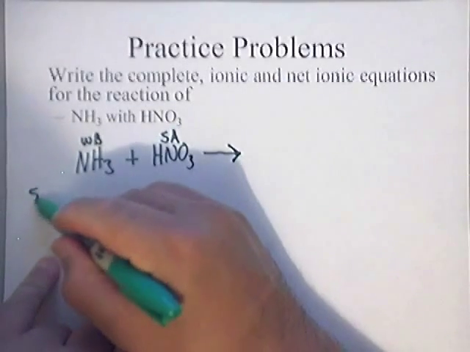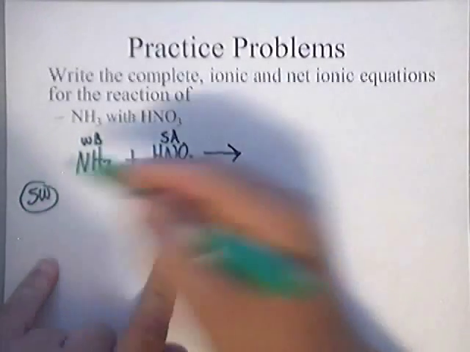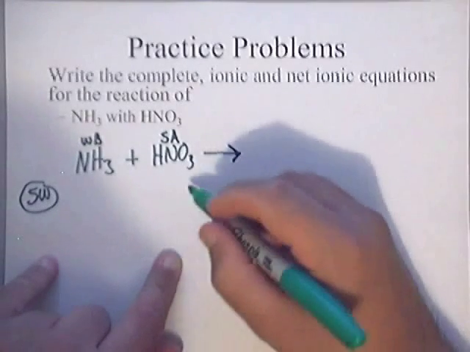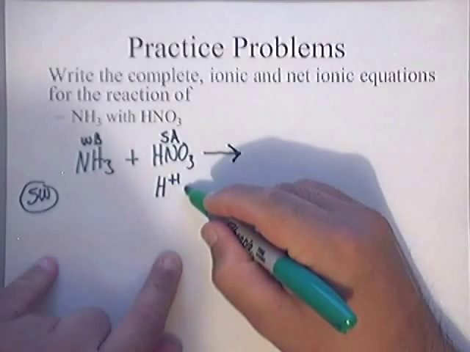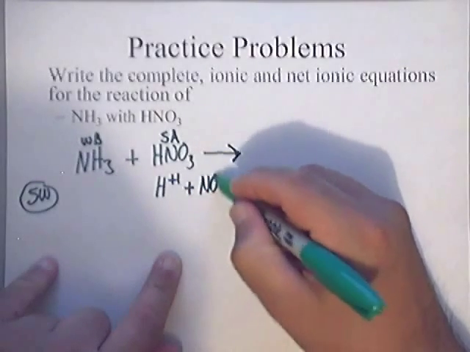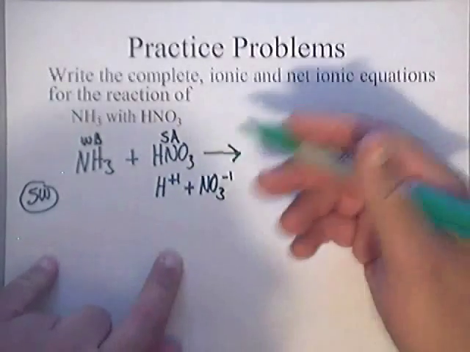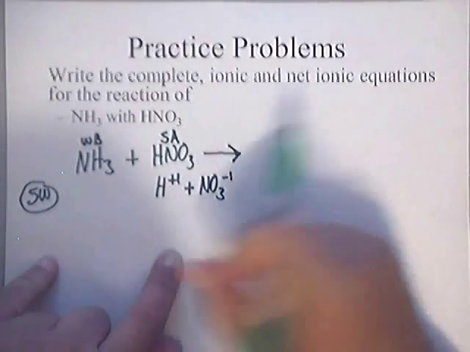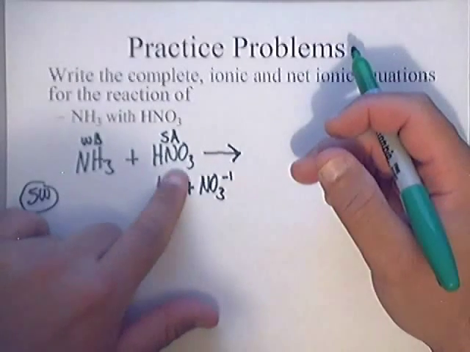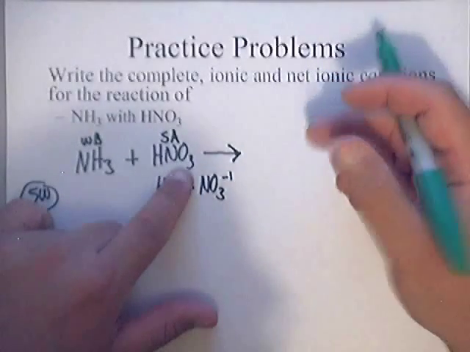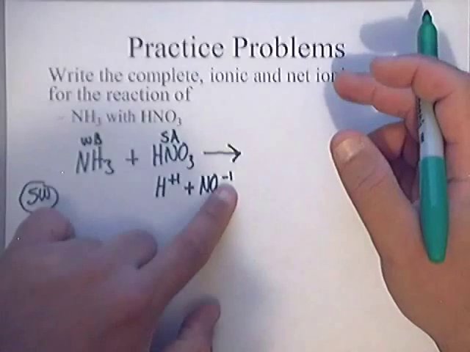Okay, now on my scratch work, I'm going to go ahead and dissociate my strong acid. I know it's going to break down into H+1 and NO3 -1, because those are the ions of nitric acid. H is +1, it's in column number 1. NO3 is on the back of your periodic table that you can get off the website, and it is a -1.